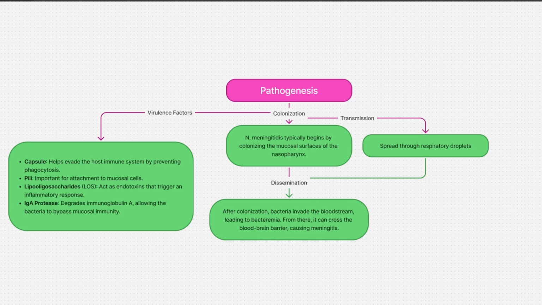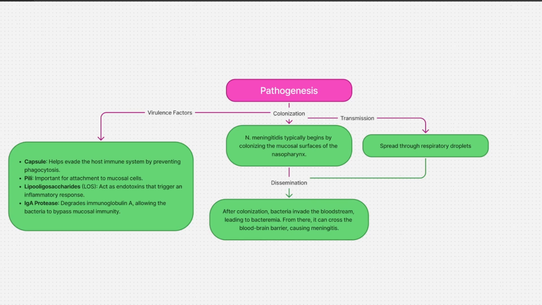So mainly the main part of the immune system that is being evaded here are phagocytes, which having a capsule makes it hard to encapsulate the pathogen within the phagocyte vacuole. The second is pili. As we said, it's important for attachment.